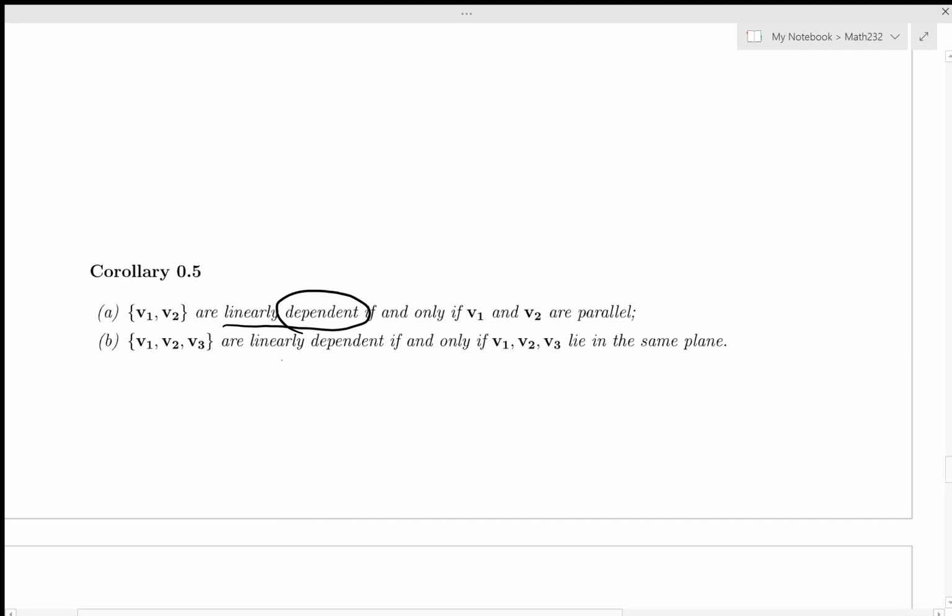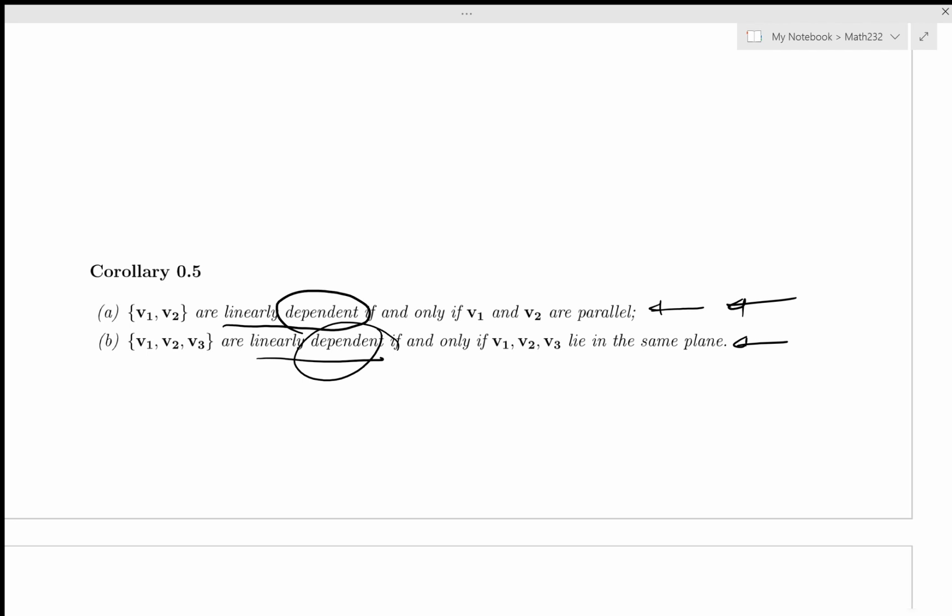And if we have 3 vectors, they are linearly dependent if and only if they lie in the same plane. Okay, basically in this case, you can only move around in a line with those vectors, and in this case, you can only move around on a plane. You can't get all of R3. You can only move on the plane, and in this case here, you can't get all of R2. You're stuck on your line.